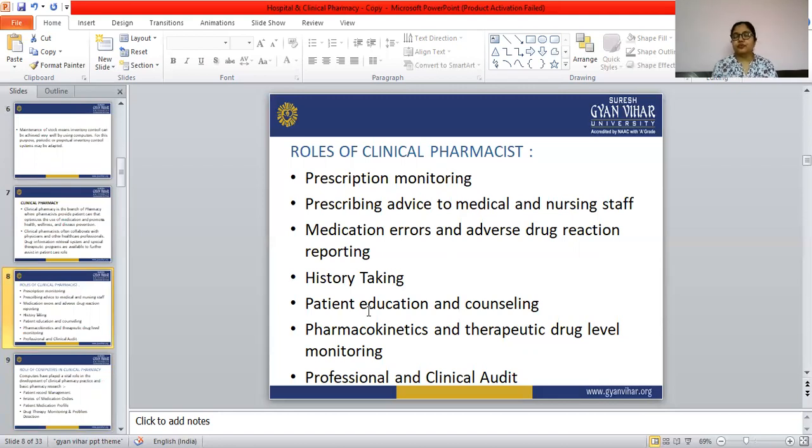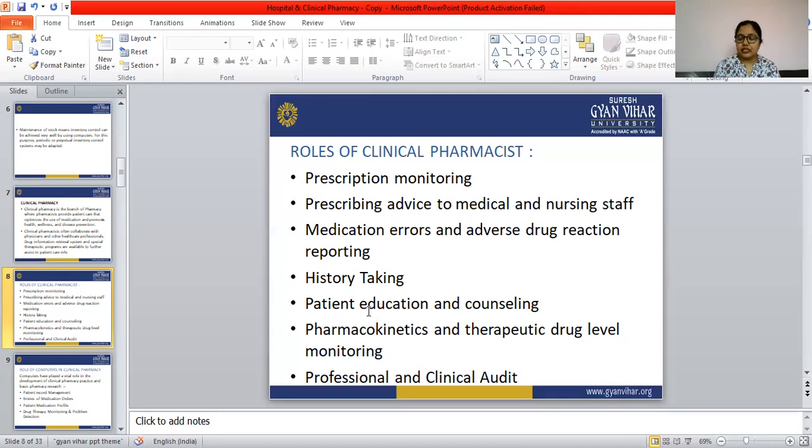Patient education and counseling. The next role of the clinical pharmacist is to counsel the patient and educate the patient regarding the medications, how to take the medication, and how to maintain medicine adherence. The next role is to monitor the pharmacokinetic and therapeutic drug level.